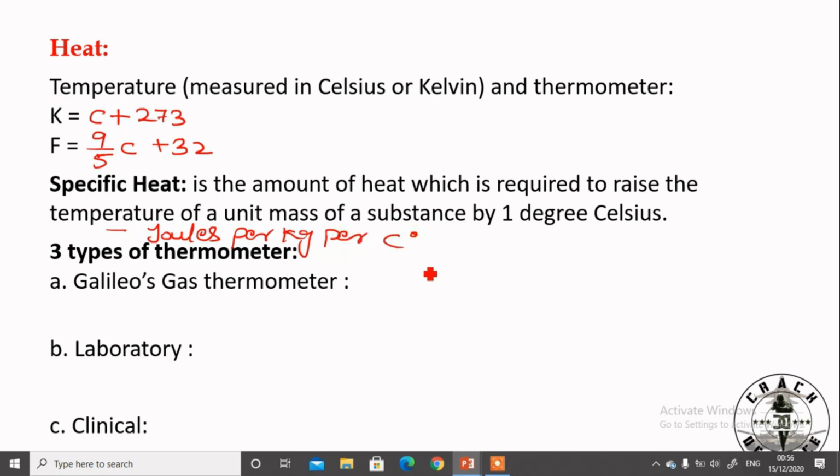Now there are three types of thermometer that we need to know. First, Galileo's gas thermometer, which uses air as its gas. And second, we have the laboratory thermometer that uses mercury.